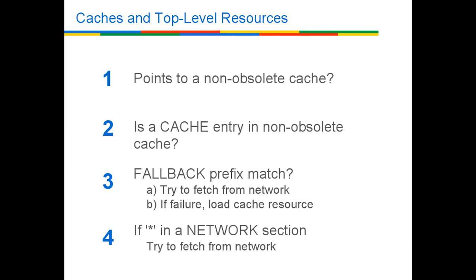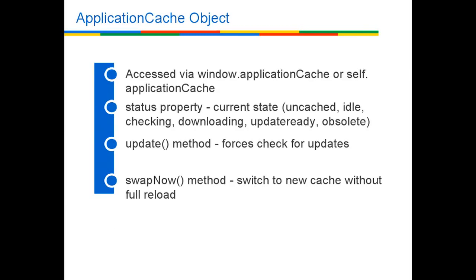All right. So I mentioned that there's a very basic JavaScript API. You can't enumerate the listings in the app cache using it. You can't modify them, but you get some basic events and information.